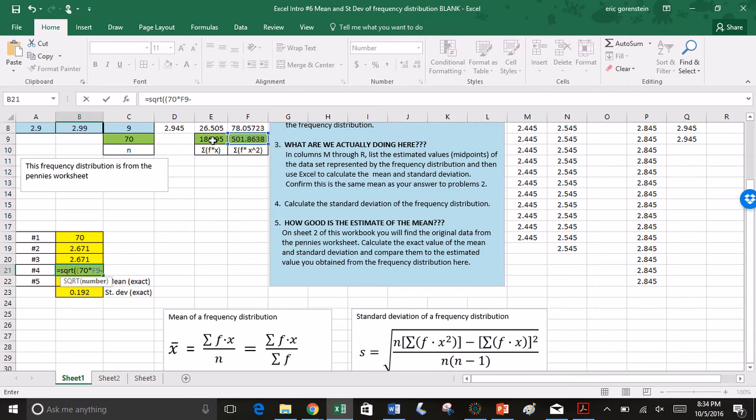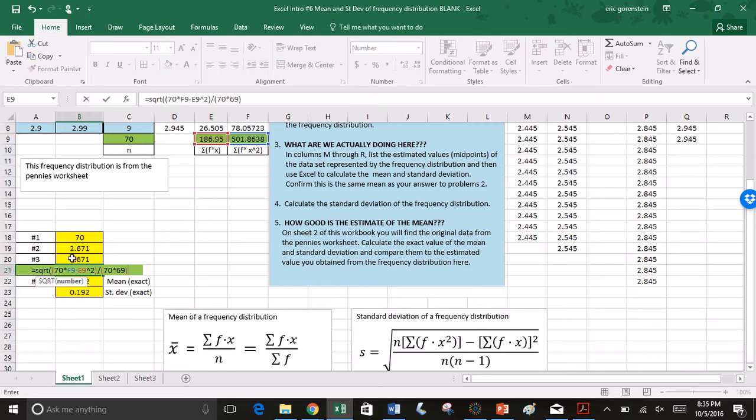Here's the sum of f times x. So minus the sum of f times x raised to the power of 2. Okay, and close parentheses, that's the numerator of the fraction, and then divided by the denominator, n, which is 70. So I'll put that in parentheses, 70 times n minus 1, which is 69.